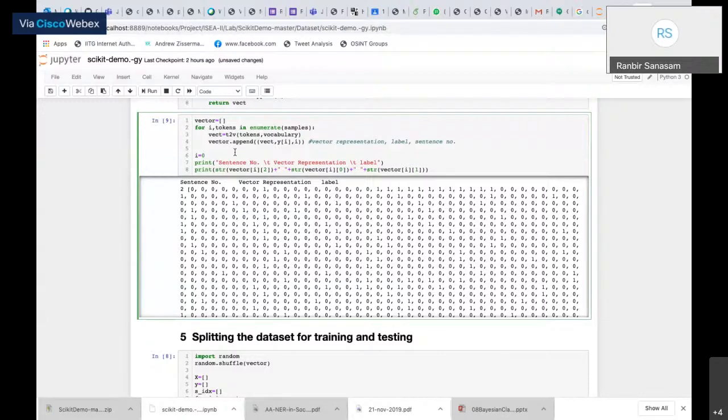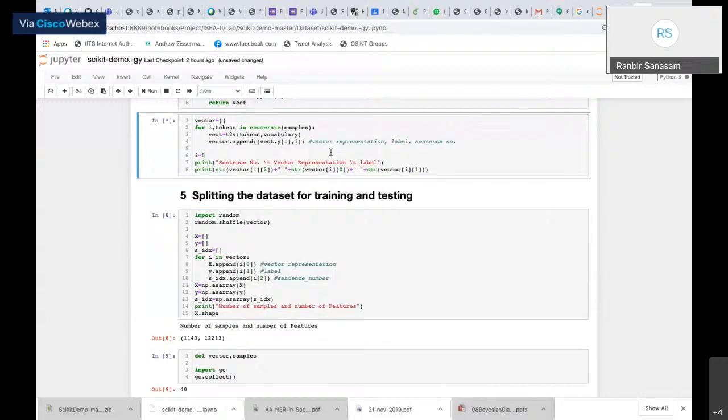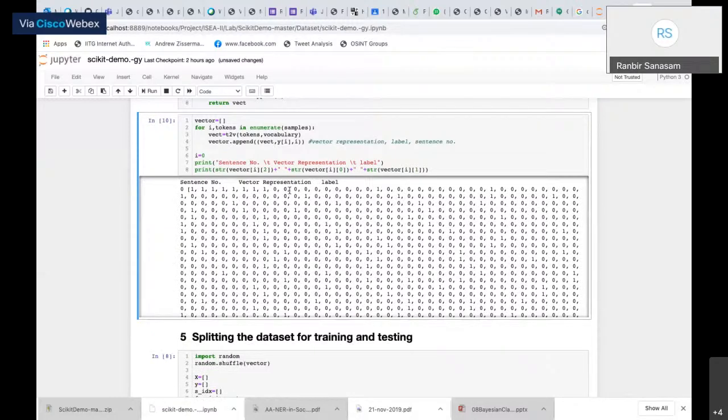The vector is 1, 1, and so on, and the rest are 0. That basically means the first unique word is present, the second is present, the third is absent, and so on. So this is what I get.